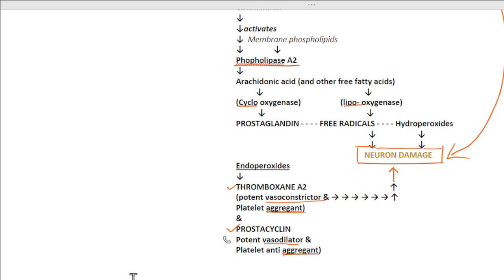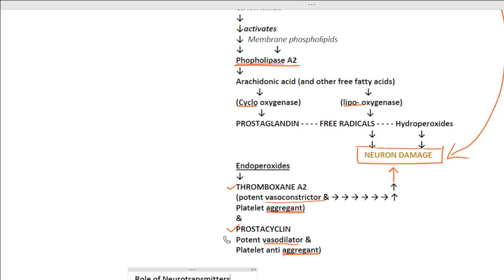So basically, the role of neurotransmitters in ischemia has been seen, and this is very, very important to understand, at least if you remember the names of those neurotransmitters which have been found in studies to be responsible for ischemia.